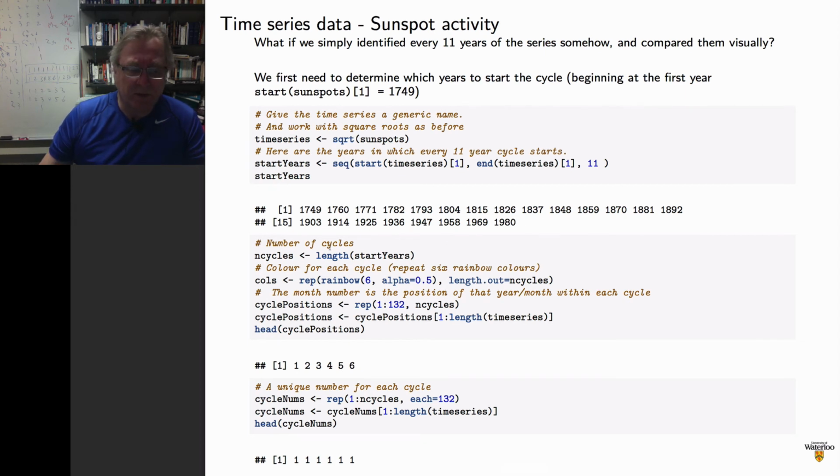So now I have to do colors. I can just use 6 different colors, rainbow with some opacity of about 50%, just so I can see some transparency there. And I want to have just 6 different colors, but I want to have as many colors as I have cycles.